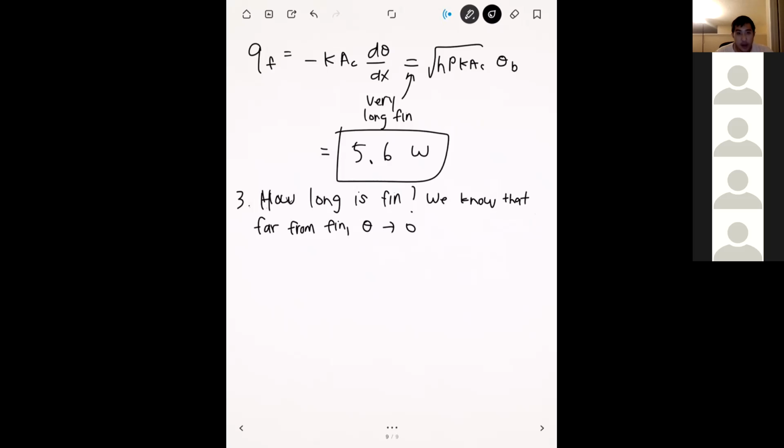Mathematically, it's going to be impossible to get a perfect 0 from this equation, but we can get close. And so what we can basically say is that at x is equal to L, the temperature difference between the fin and the fluid will be only 1% of the original temperature difference.